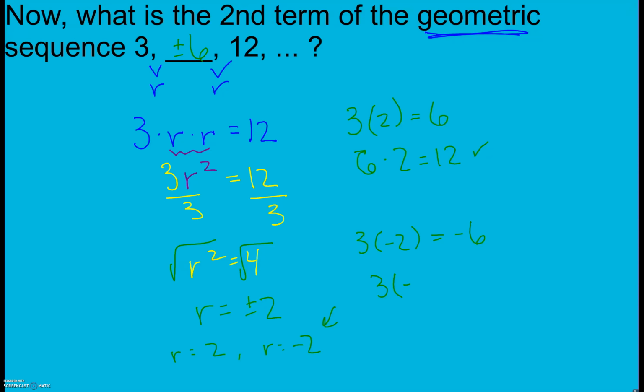Negative 6 times negative 2, my previous term times my r value, gets me to 12. So the second term in my sequence is either 6 or negative 6. So when I write that, my sequence would have been 3, 6, 12, and remember, dot, dot, dot just means it continues, or 3, negative 6, 12, and continued on.